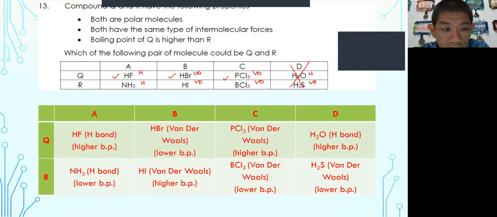Okay, so let's see. This one has a lower boiling point because this one has a greater relative molecular mass. Sorry for that.